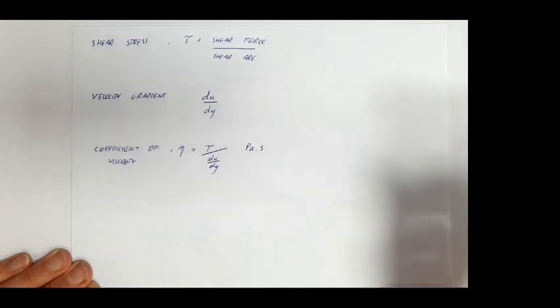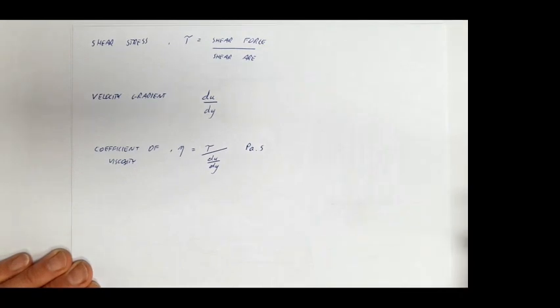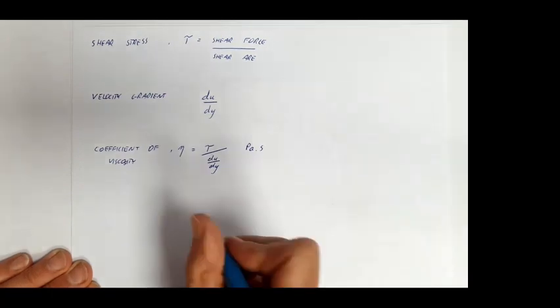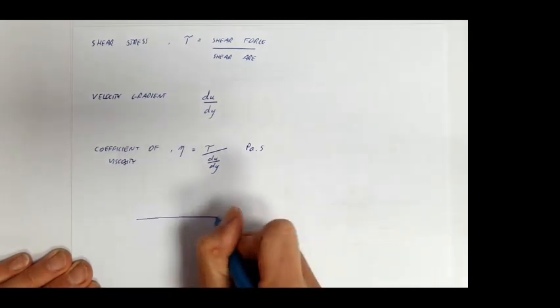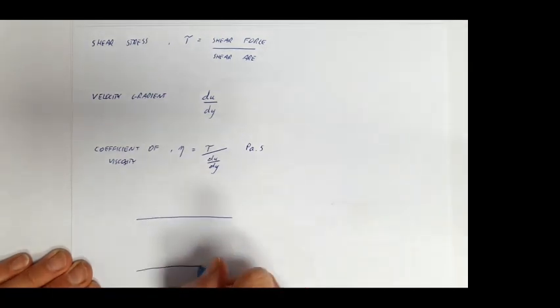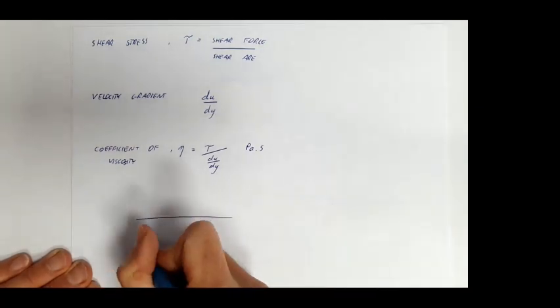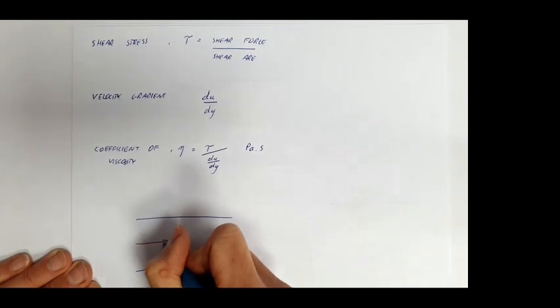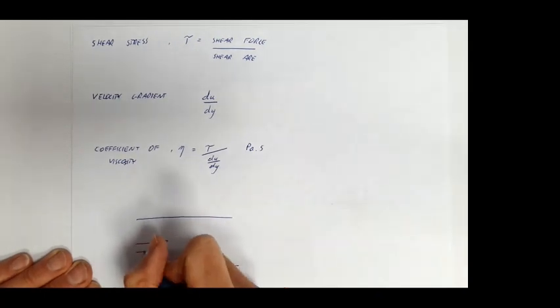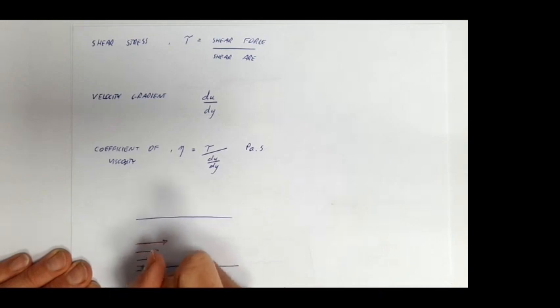Okay, so the viscosity forces act at boundaries where the velocity gradients are high. So if we consider a pipe, fluid flowing down that pipe, so we've got some velocity here. It's going to get smaller as we get closer to the wall.